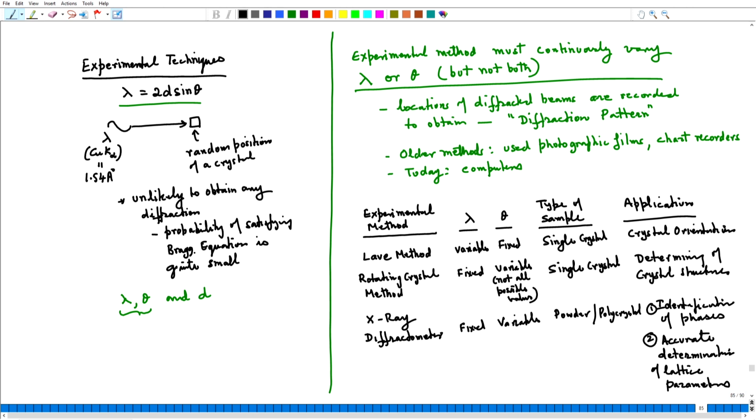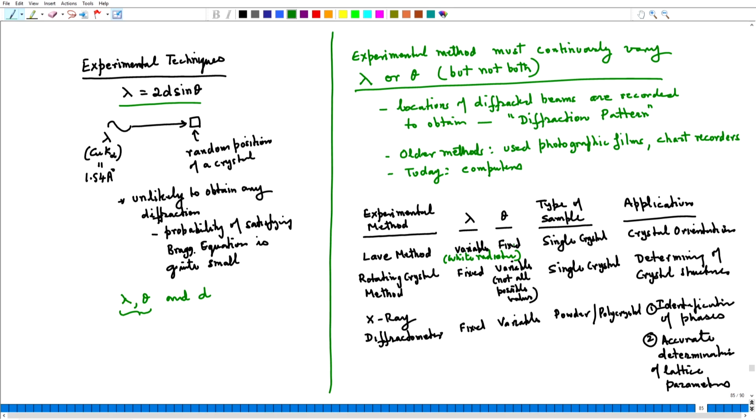Now, just a few comments on this. Variable lambda. How do I get variable lambda? I simply use white radiation. So, go back to the X-ray spectrum, simply use the white radiation, you will get a range of wavelengths. Single crystal is used, it is put in a fixed position.